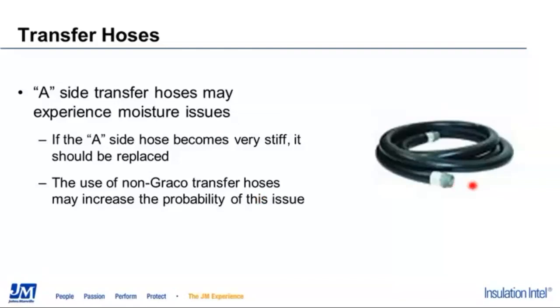What I would like you to have is the same transfer hose on the A side and the same make on the B side. When you walk into that rig and grab that B side transfer hose and it feels really nice and flexible, and you walk over to that A side transfer hose and it's very rigid and firm, just realize that the A side hose is solidifying and probably needs to be replaced periodically.